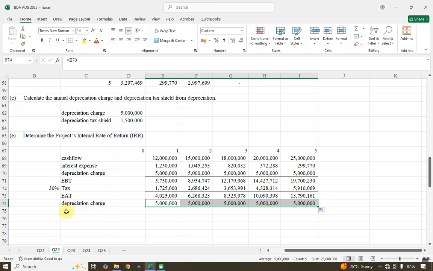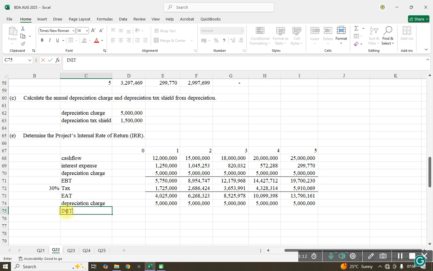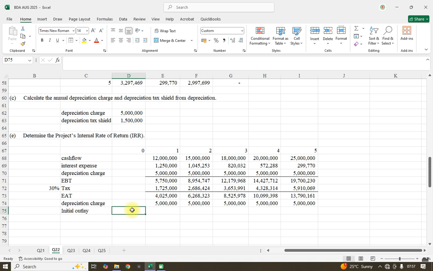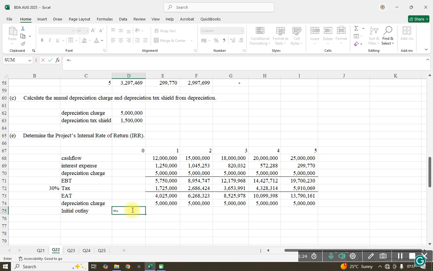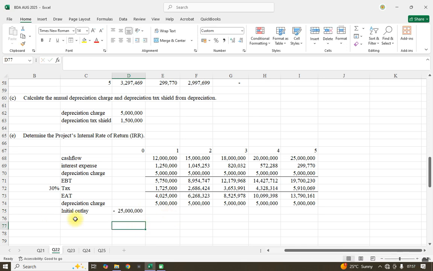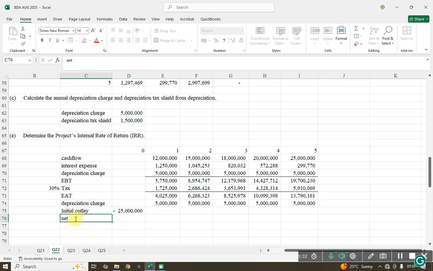Yeah, so we have our initial outlay here, and our initial outlay here is 25. Can put negative 25 million as our initial. We get our net cash flow.